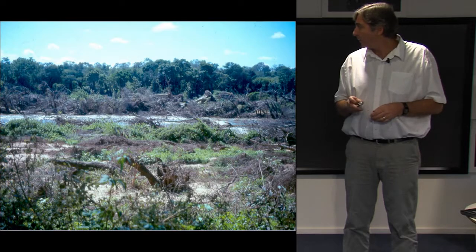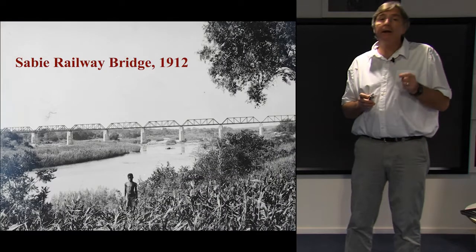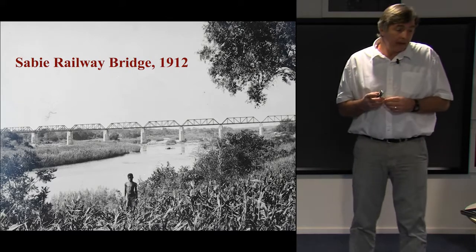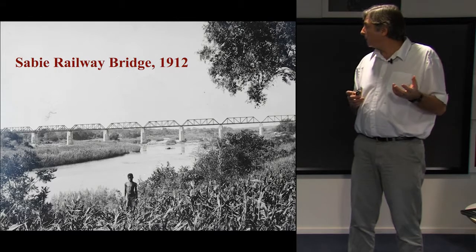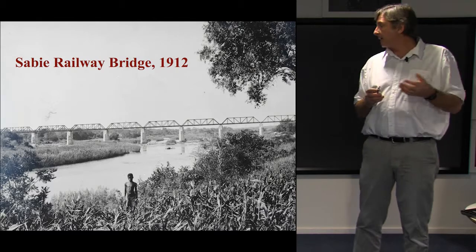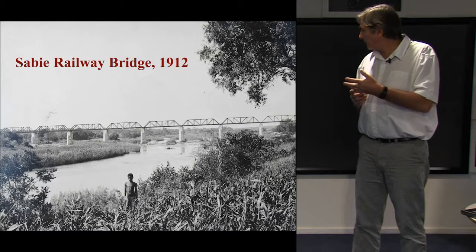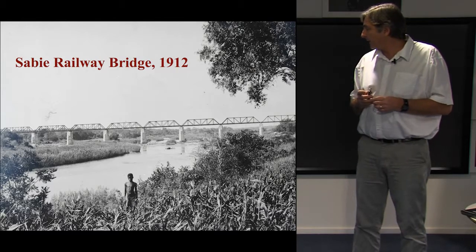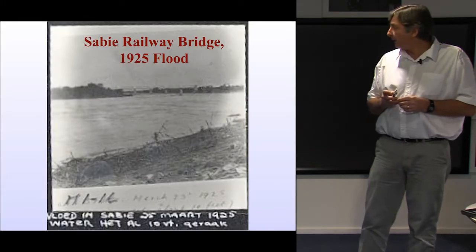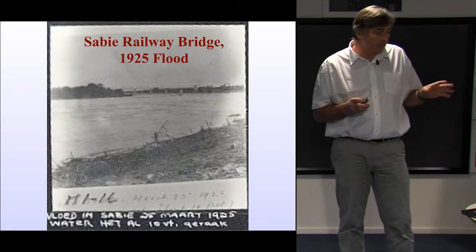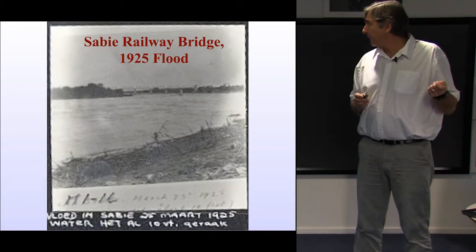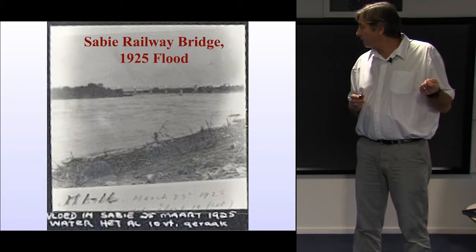And going back through the records, it was possible to find old photographs right back to the early years of the 1900s. This is a picture taken in 1912 of the Sabie Railway Bridge, which was built a few years earlier than that. And here you can see, again, quite extensive reed beds, evidence of extensive riparian vegetation, and quite a constricted channel. Well, then, in 1925, you can again see the Sabie Railway Bridge in the background of this picture. There was a very large flood which stripped out a lot of the riparian vegetation.